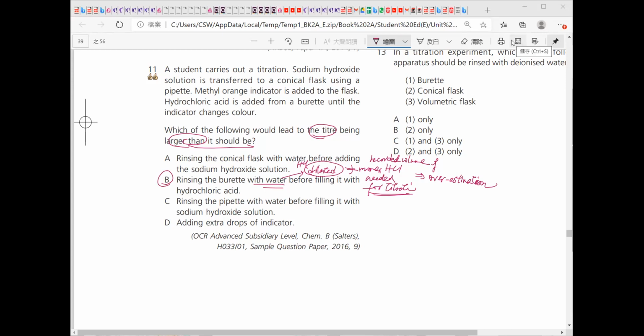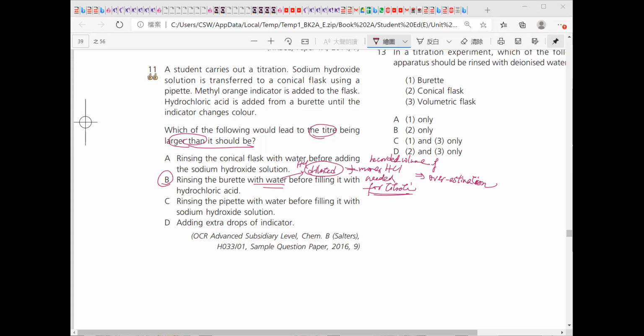How about the conical flask? Once I rinse it with water, of course, more water can be found inside the conical flask. Would it affect the total number of moles of NaOH inside the conical flask? Remember, what glassware is used to deliver NaOH? It is the pipette.